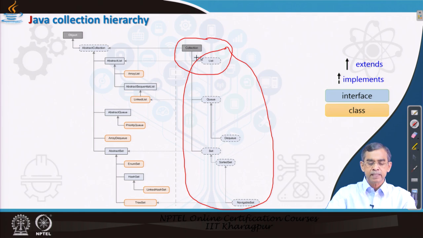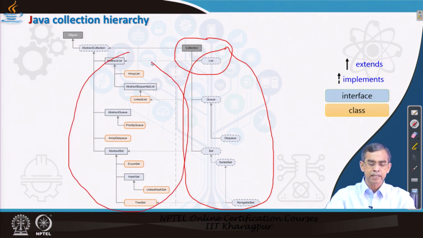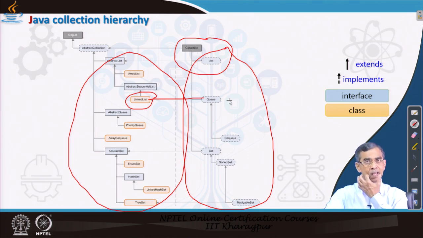All those interfaces are implemented with several classes. Some classes are abstract classes; they are like interfaces, but abstract. On the other hand, there are certain classes that implement these interfaces. For example, here LinkedList is a class which implements Queue, an interface, and so on. So, which are the interfaces and which are the different classes is shown in one view.